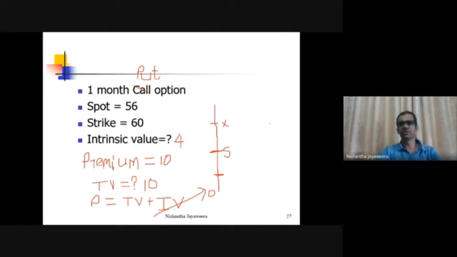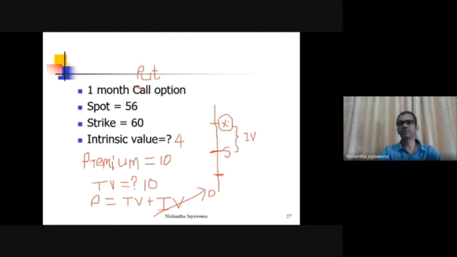So you can sell at the strike price when it is higher than the market price. So that difference is your intrinsic value.